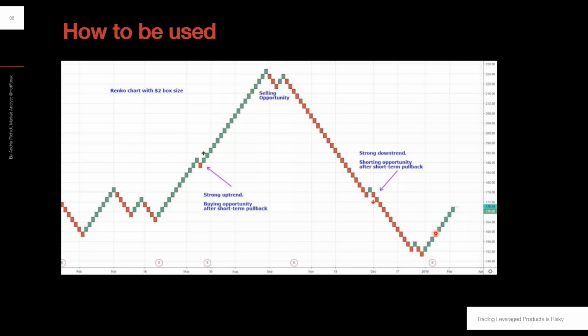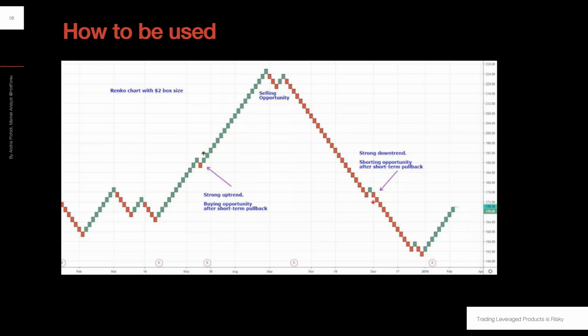It makes the trends much easier for us to spot. The downside is that some price information is lost due to the simple brick construction of Renko charts.